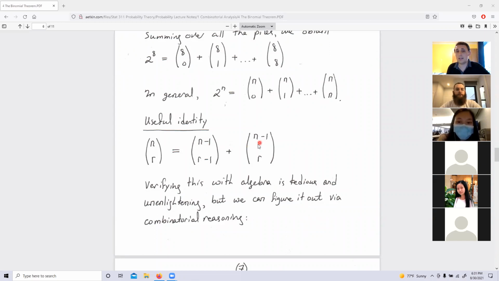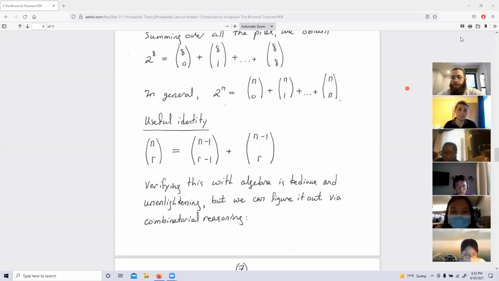And here on the right is the situation where Jimmy is not part of the trip. You can see that Jimmy is not part of the trip because you see the denominator, the bottom part, is R. It means I need to pick out of n minus 1 the full team of students that will come. But n minus 1 indicates that Jimmy is not part of my possible choices.